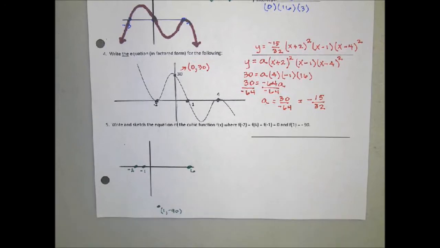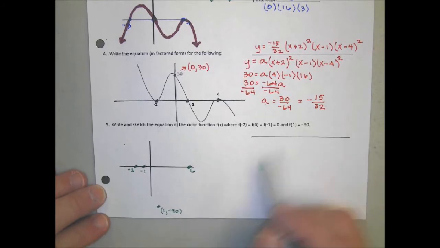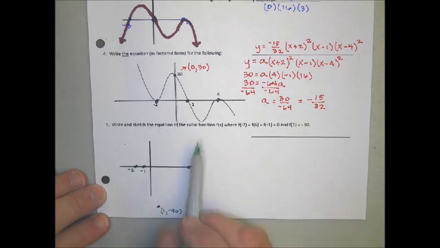So the rest of the problem is simply write the equation that'll make this graph work, and then let's sketch the graph. It told us it's a cubic, which means all three of these zeros must be single. We can't have any doubles, we can't have any bounces, so they're all pass-throughs.